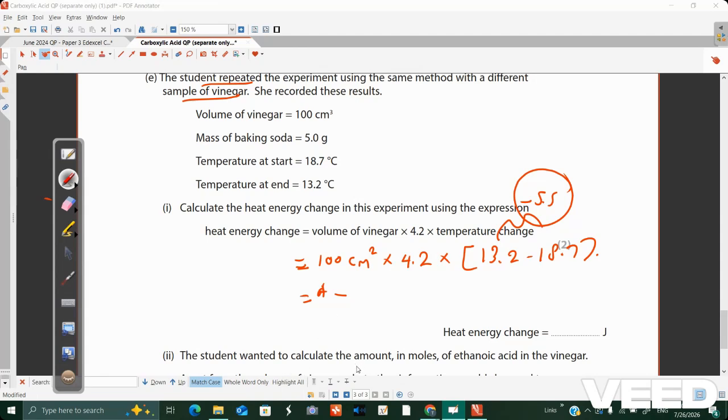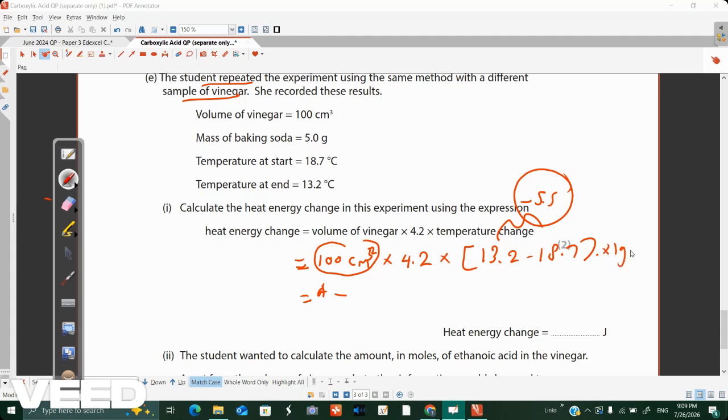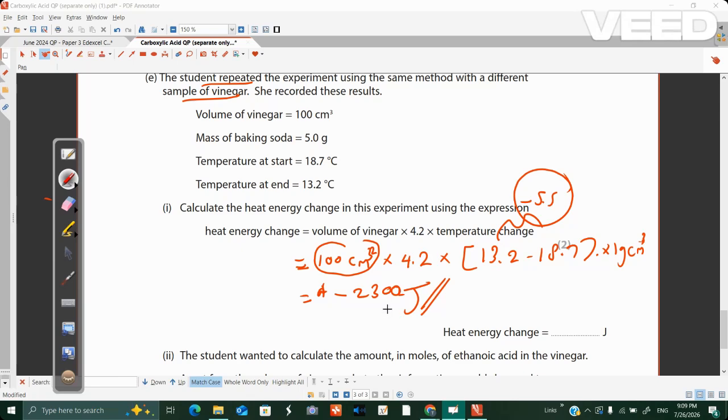And here you have to make an assumption. It is 100 cubic centimeters. You must assume the density as 1 gram per cubic centimeter. So here the answer you must get is around negative 2302 joules, 2300, or something around this.